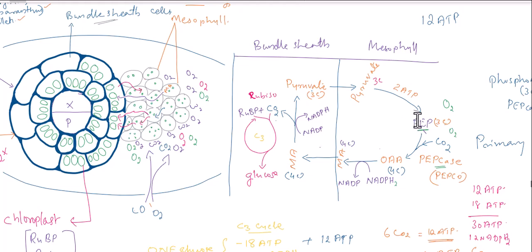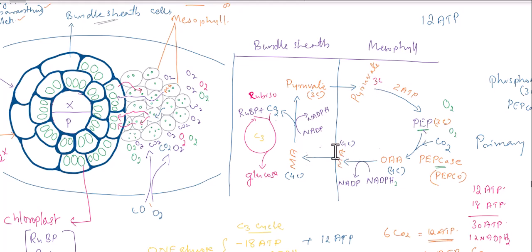So 2 ATP is required for this set of reactions. Here PEP absorbs carbon dioxide and is converted into malic acid, then enters the bundle sheath, then comes back again and is converted into PEP.